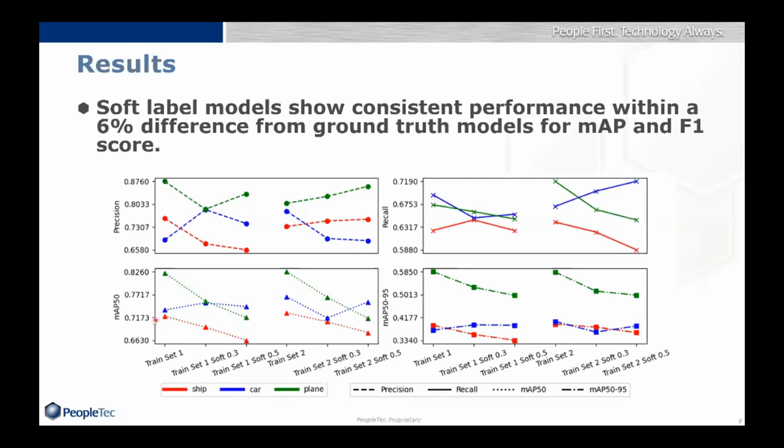Interestingly, for our most abundant class, cars, which has 175,000 instances, the largest number, we see a relatively consistent change in mean average precision, not decreasing for the first soft label at 30%, but staying around the same for the 50% confidence soft label.